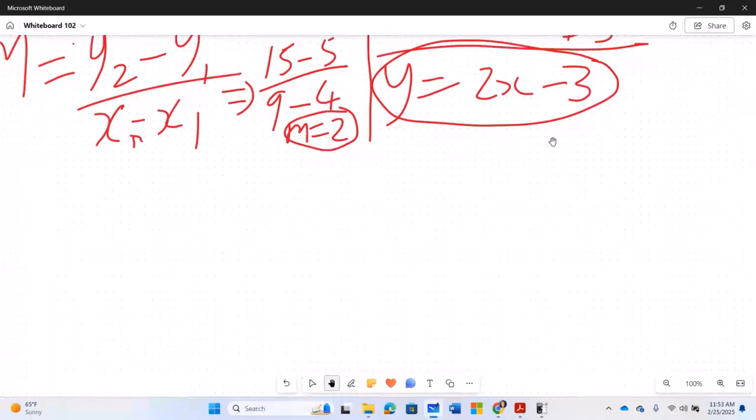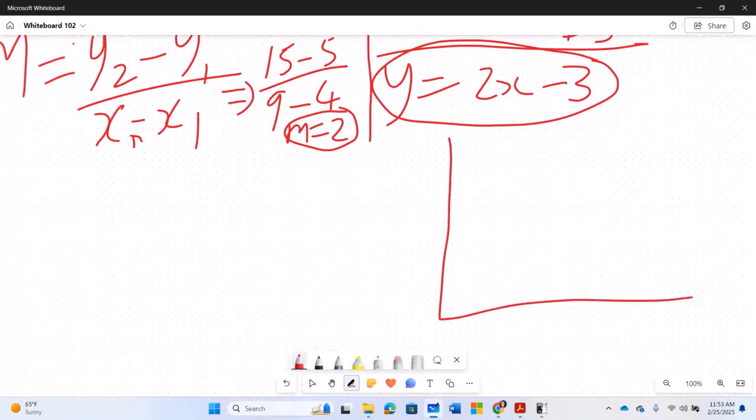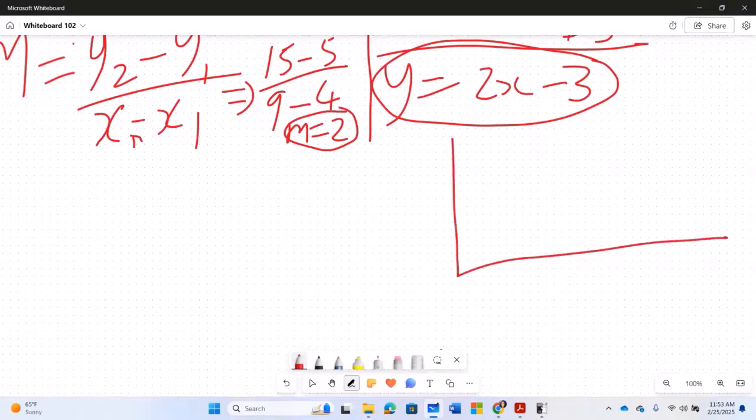By the way, it is only going to be an L graph. So there we have an L graph here, but I'm going to extend it this side because of the -3.